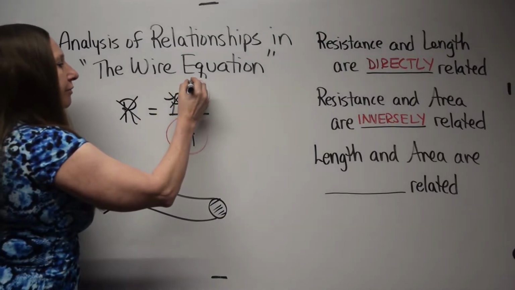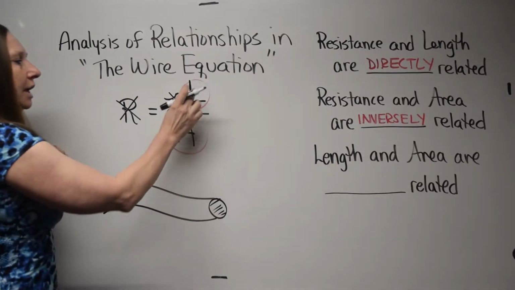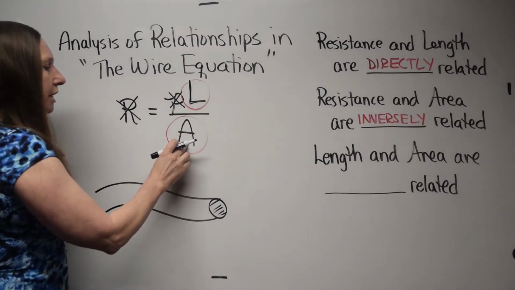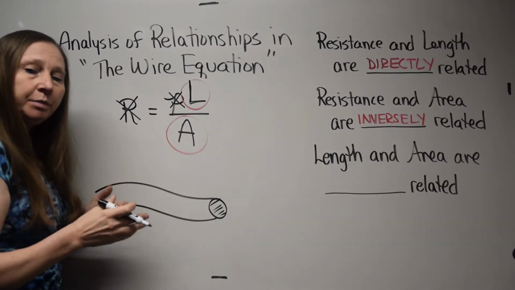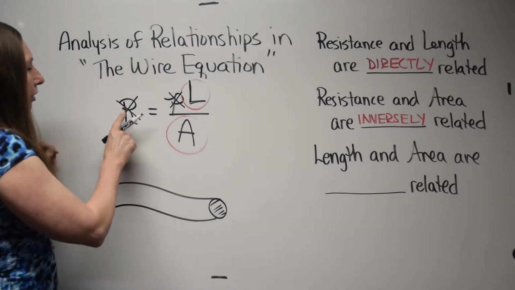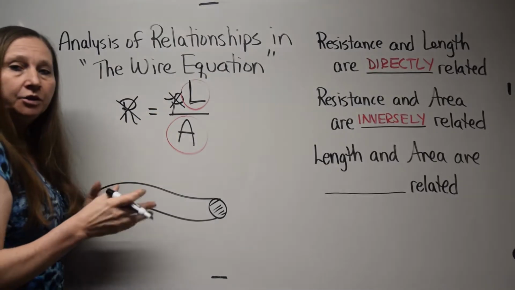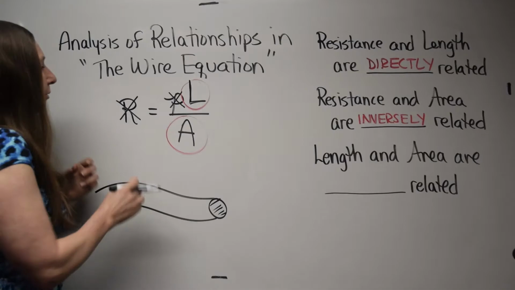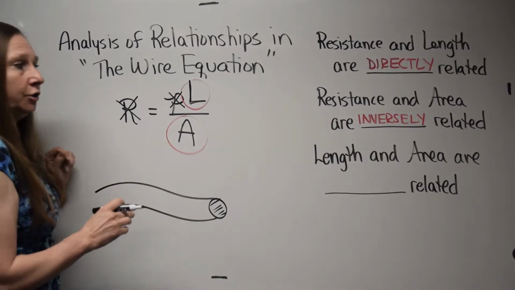And you want to know if you change the length, let's say you use a longer piece of wire, what would the area of that second piece of wire have to be in order that the resistance and the resistivity do not change? Well, resistivity is not going to change anyway because it's a constant for copper. But the resistance is something that could change.